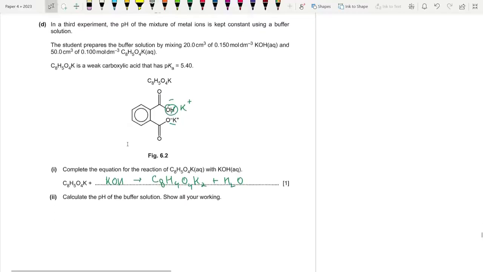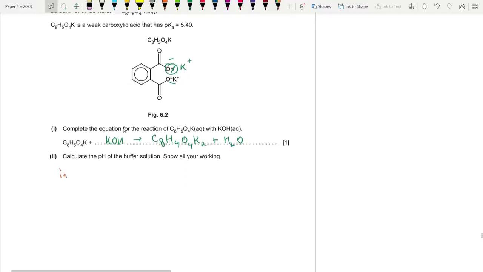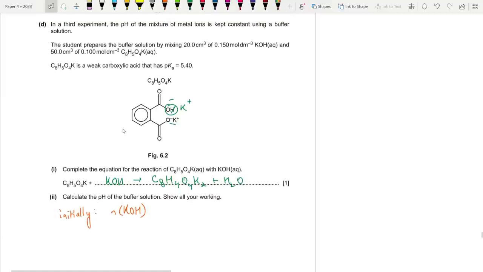Initially, what did we have? Initially, the moles of KOH was 20 by 1K times 0.150, which is 3.0 into 10 to the power minus 3.